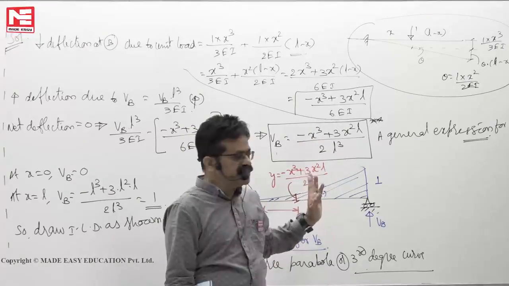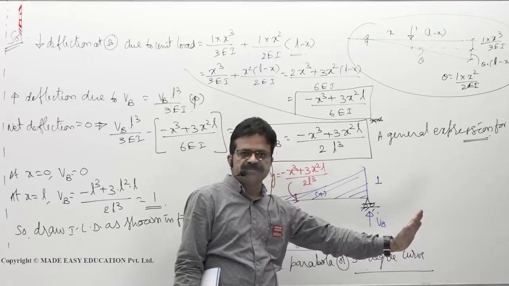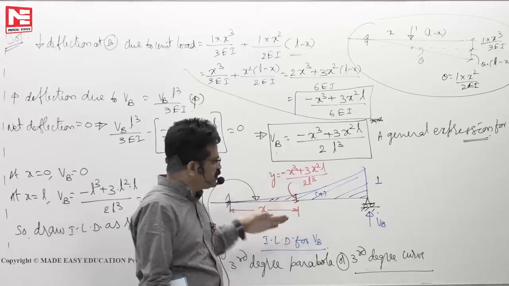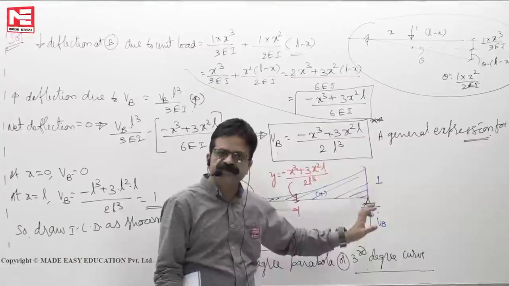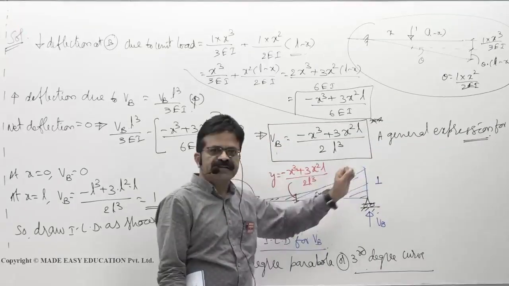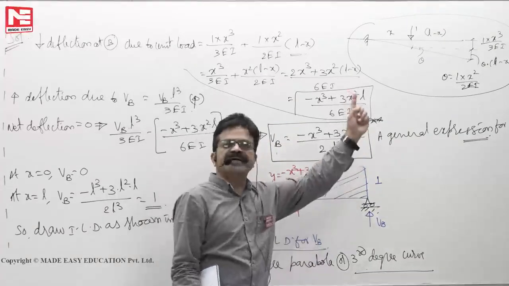In indeterminate structures like propped cantilever, removing the support VB will not make the structure unstable. It becomes like a stable determinate cantilever beam. But when you give unit displacement, it will not go through rigid body translation. It will bend like a cantilever.